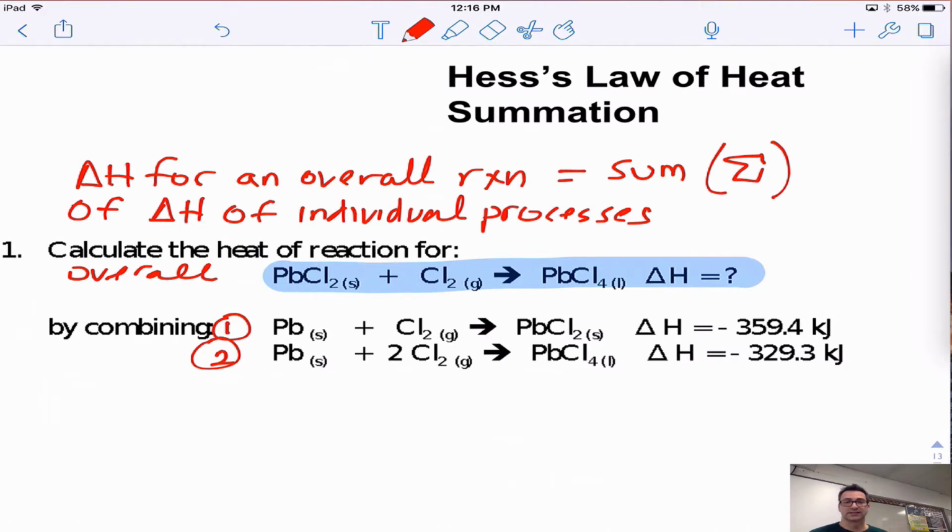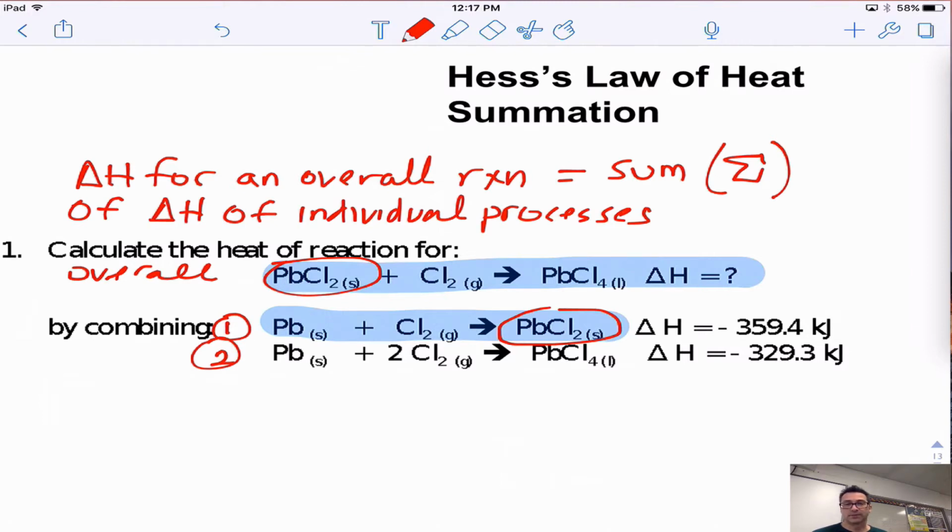In my first process, the only thing that's truly unique between it and my overall reaction is PbCl2. PbCl2 is found here, and it's found here. I don't find PbCl2 in the second reaction.